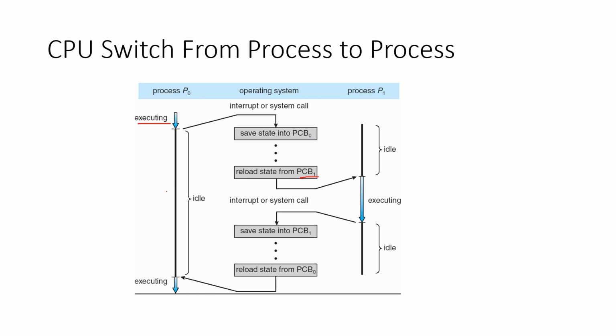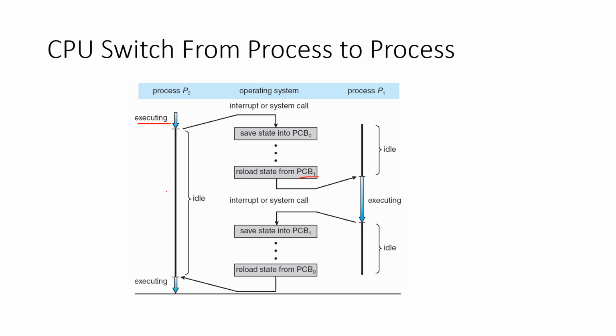Once it gets an interrupt from some other process, PCB1 will be updated with the current information of the executing process, and it will save this information into PCB, and it will go on to take up the other process.